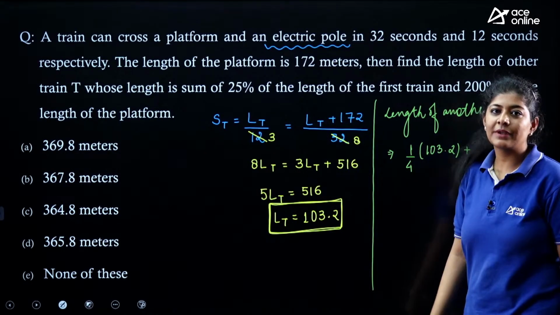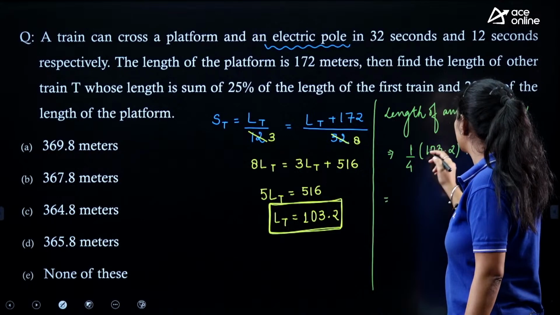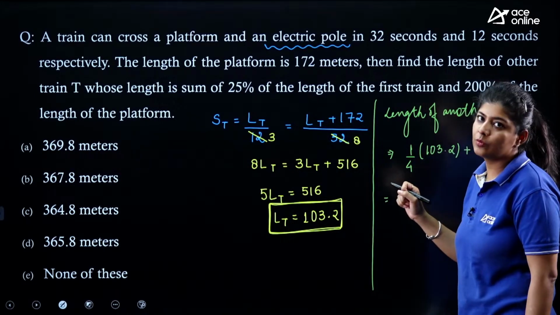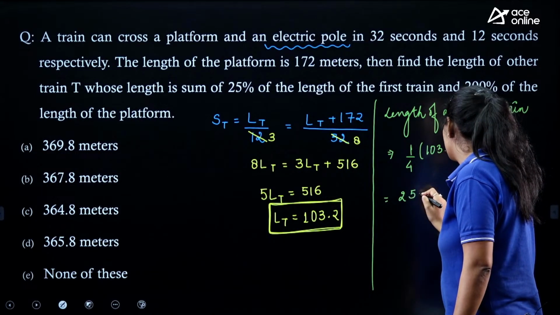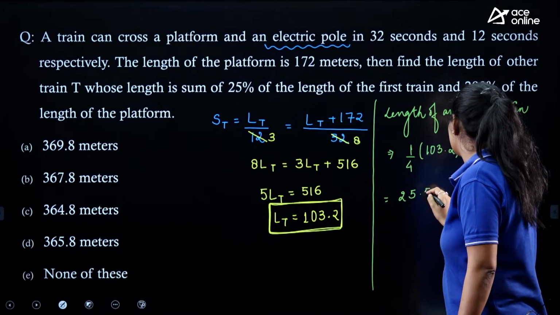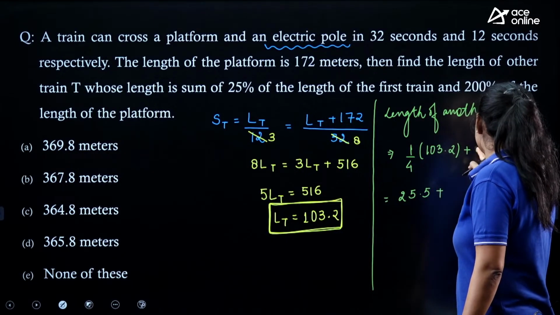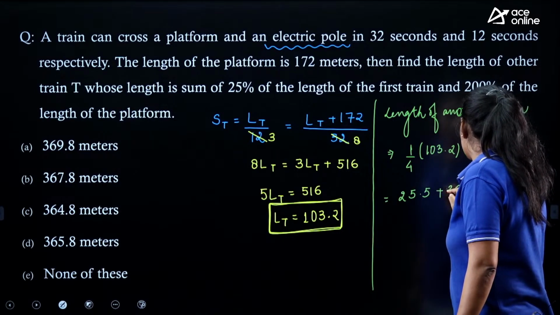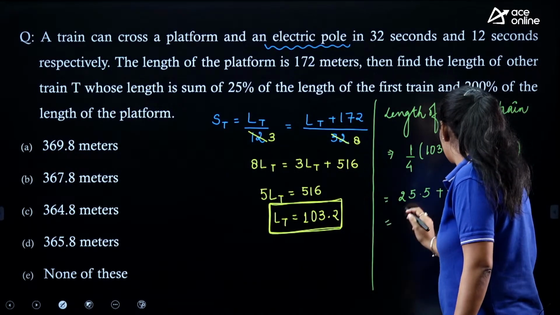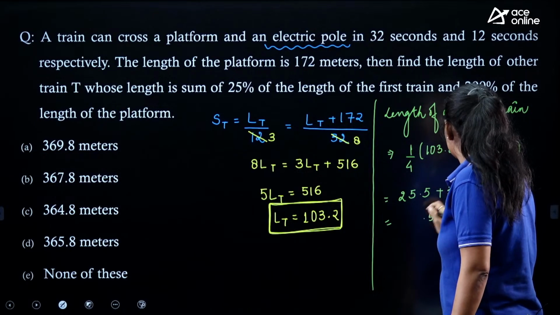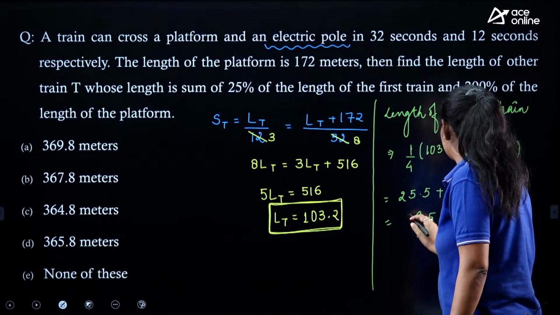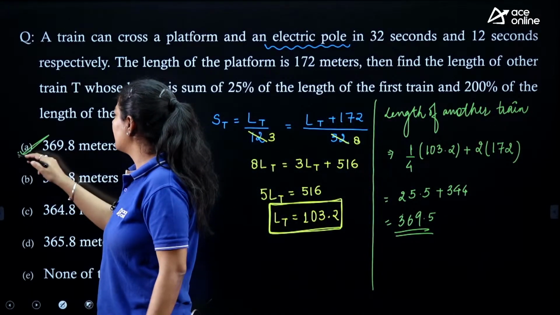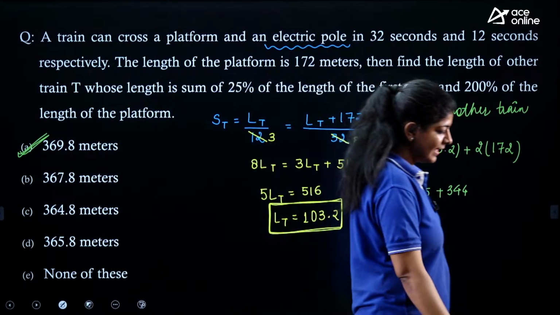This is what I need to calculate. So here what value are we getting? Adding these up, we are getting 369 point something. That means option number A is the correct one.